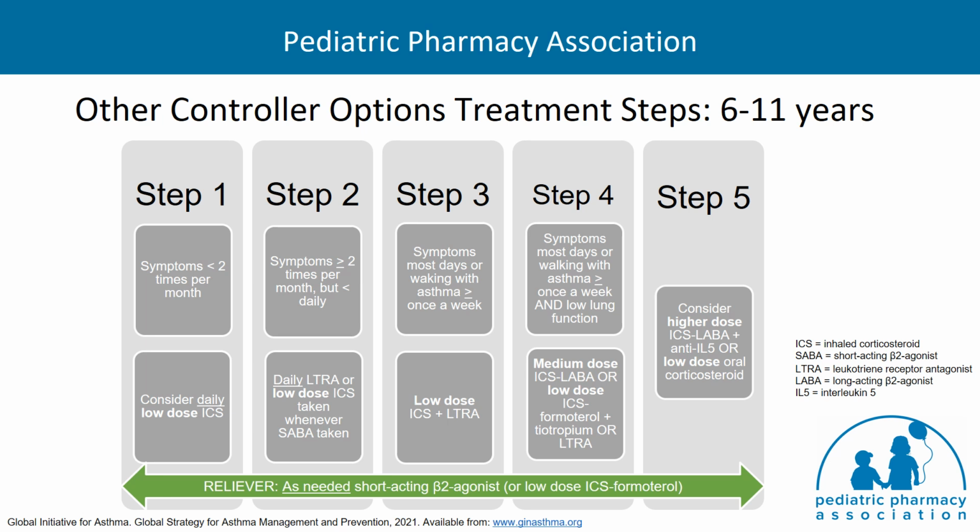For step 3, we can see that there are additional agents recommended in this controller treatment option with the leukotriene receptor antagonist as well, and the inhaled corticosteroid long-acting beta agonist being recommended in step 4. Step 5 introduces the use of a low-dose oral corticosteroid in this treatment step plan.